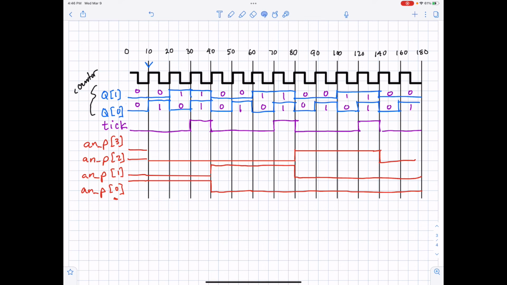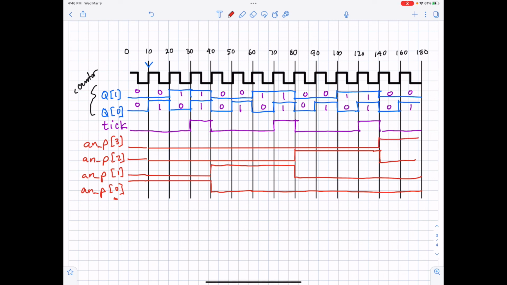And then finally, 3, I need to move these up to get the 0s away from the 1s.